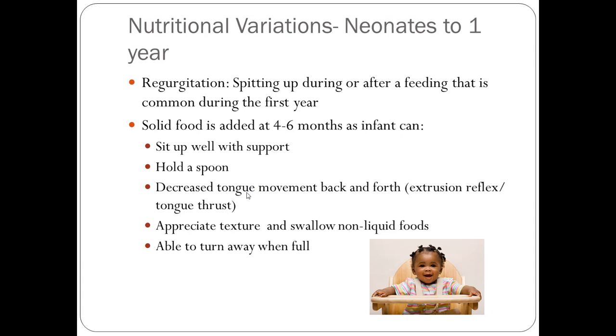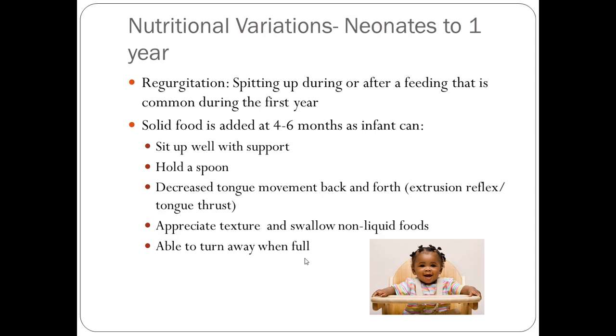Regurgitation is basically spitting up after formula or breast milk during the first year. And when babies are about 4 to 6 months old, that's when parents should really start introducing solid foods. Sometimes when they get this age, the milk is not enough to keep them full.